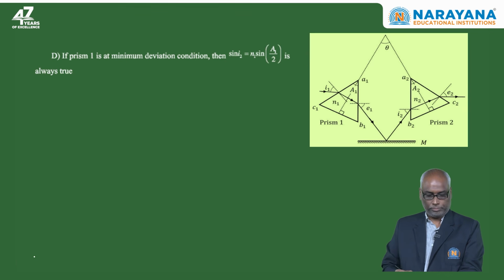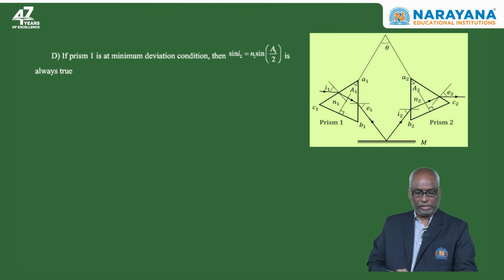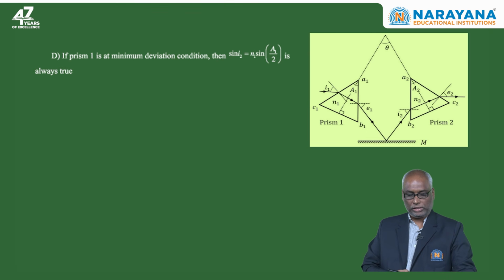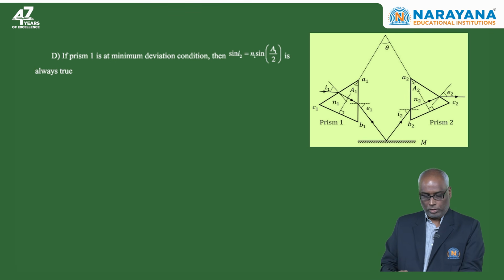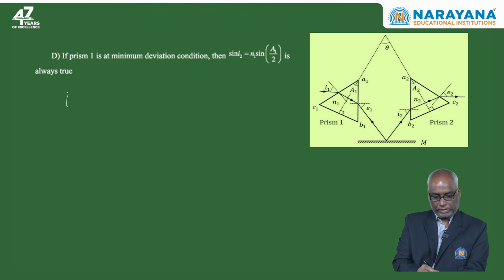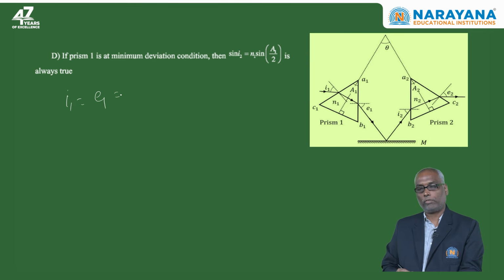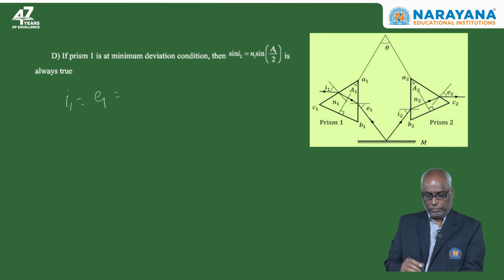Look at option D. If prism 1 is in minimum deviation condition, sin I2 is equal to N1 into sin A1 by 2, is always true. Now, because the first prism is in minimum deviation condition, I can say I1 should become equal to E1. Of course, because of the reflection of the plane mirror, E1 should also be equal to I2.